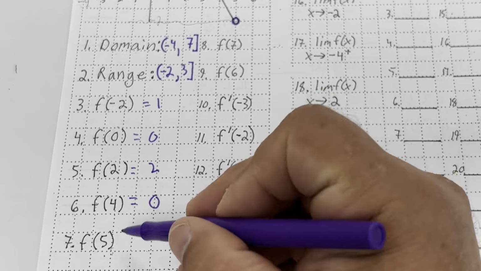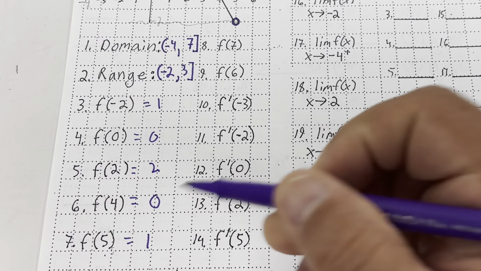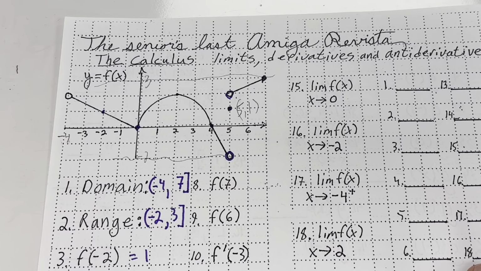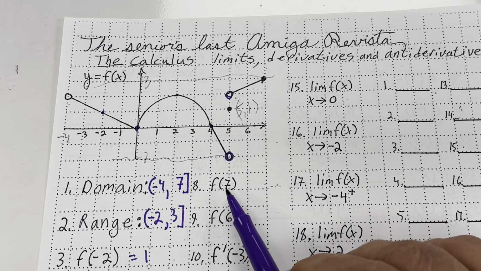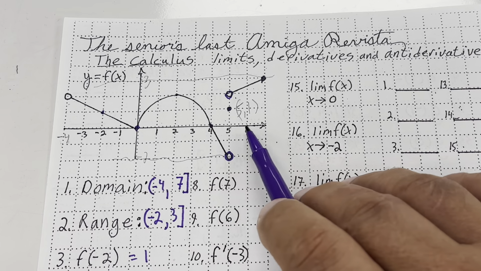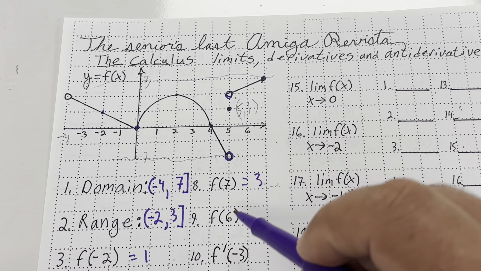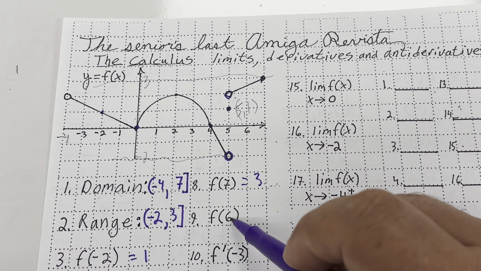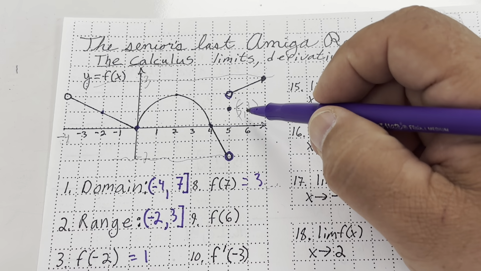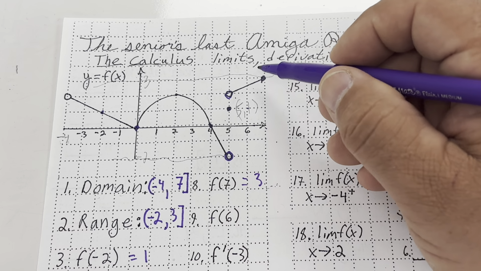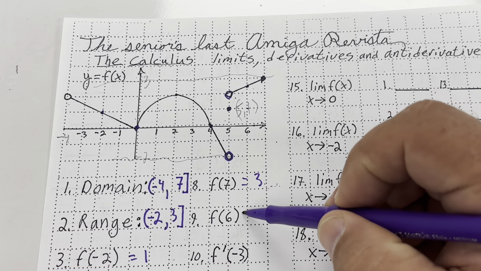So our value will be 1. F of 7, when x equals 7, the y value is 3. F of 6, when the x value is 6, the y value is 2.5-ish. So 2.5.